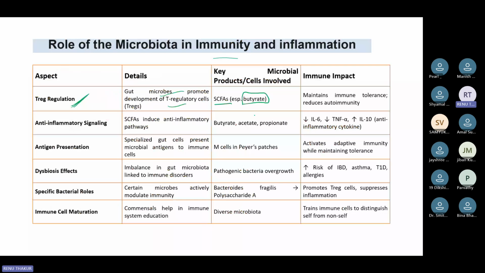Now here you can see in this table that T cell regulation is involved. SCFAs will do what? The T cell regulation, and especially butyrate. So everything is interconnected. Even if you are missing today's class and directly jumping onto tomorrow's class, you are missing so many things. So always try to have coherence while studying. Even if you miss a class for an obvious reason, like a university exam, I'm not talking about that, but try to finish day 1 class, then day 2, then day 3, day 4, likewise, not day 1, then day 4, day 6.